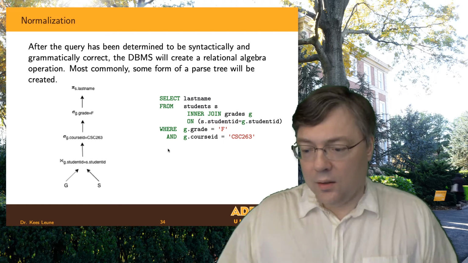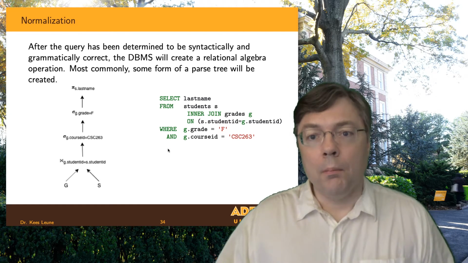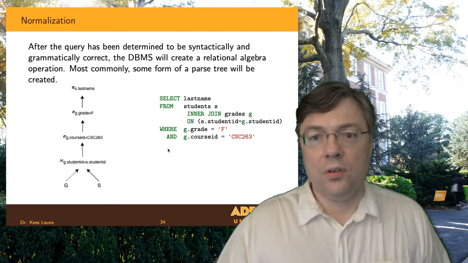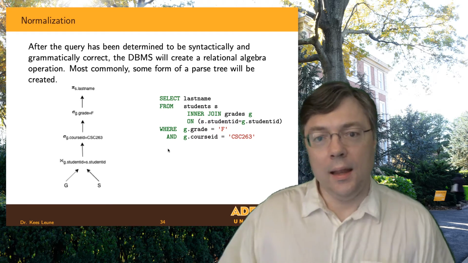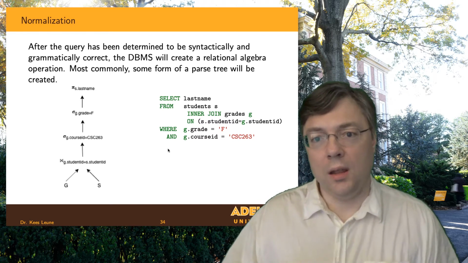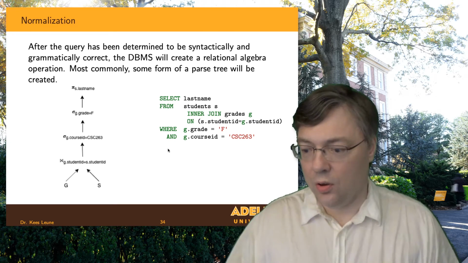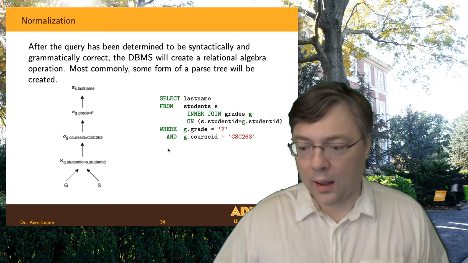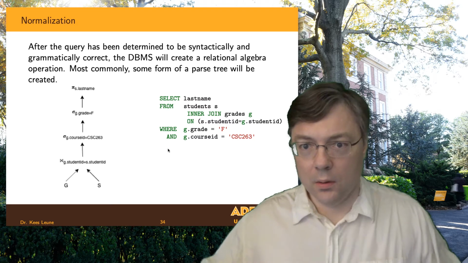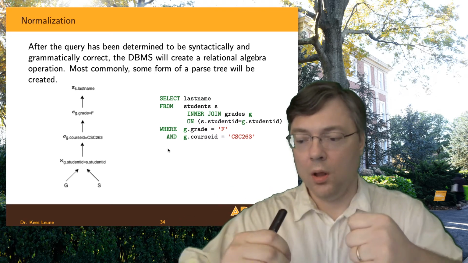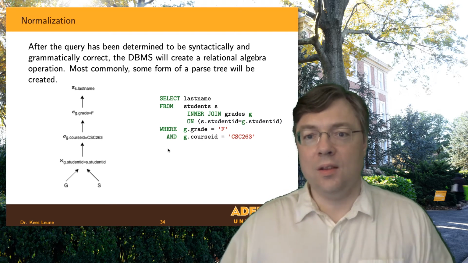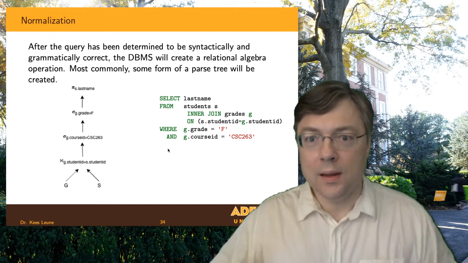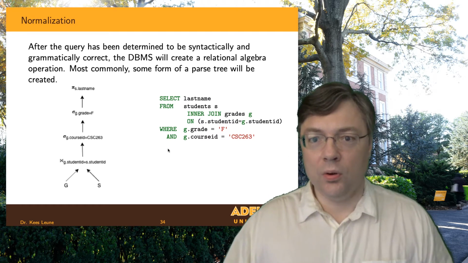If we do it like this, it will work, but it's fairly inefficient in a computer's memory to do it this way, because we are only eliminating data we don't need at the last stage. Right after G and S at the bottom again, we do that natural join. We have all of the students in there and all of the grades they ever had, and that has to be represented somewhere in the computer system.